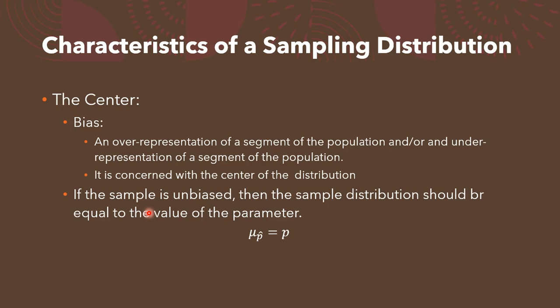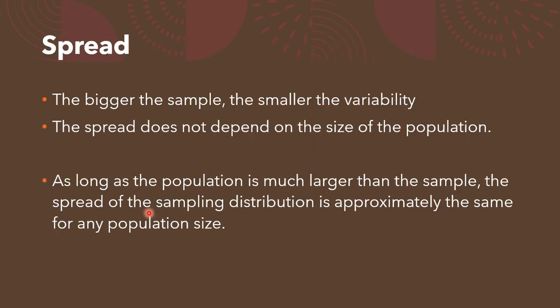If the sample is unbiased, then the mean value that we find is probably going to be fairly close to what the actual population value is. So as long as our gathering of our sample is unbiased, we're probably going to be good. Okay, so that's the one thing we want to check with our center, is it unbiased? Because if it is fairly unbiased, simple random samples are great for this, then it's going to be close to what the actual value is.